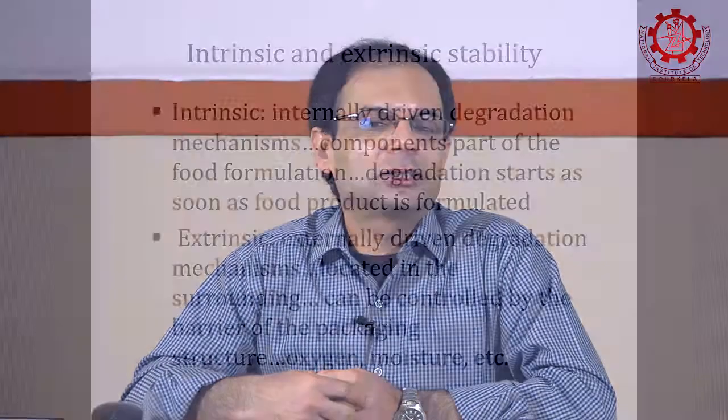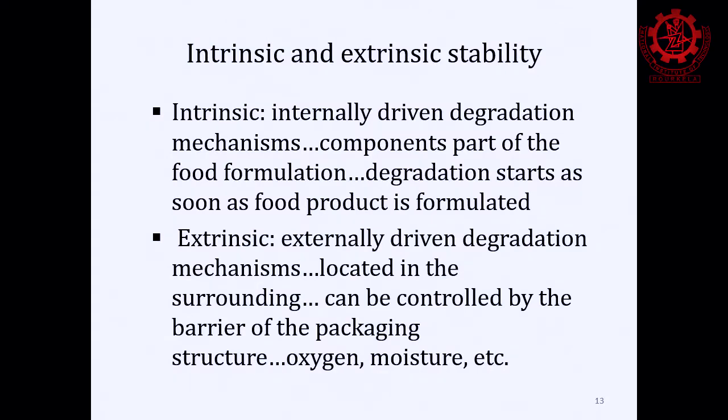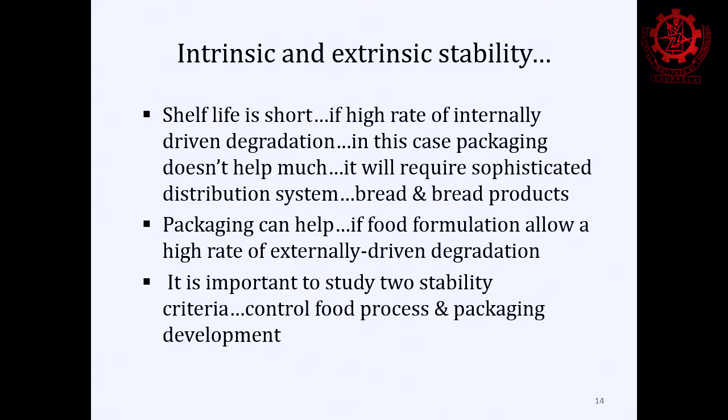And extrinsic stability is where the quality or shelf life is being affected by external or environmental factors, and that could be oxygen, moisture, light, and so on. So if the product has a very high rate of internally driven degradation, then it will have a short shelf life, right?